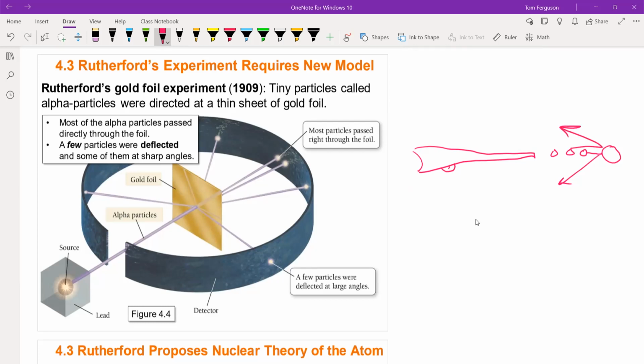So Rutherford said, well, I can test Thomson's model by shooting at a really dense atom, gold in this case. This is a ray gun that shoots alpha particles, which is basically 2 protons and 2 neutrons. He shot these particles into that gold foil.